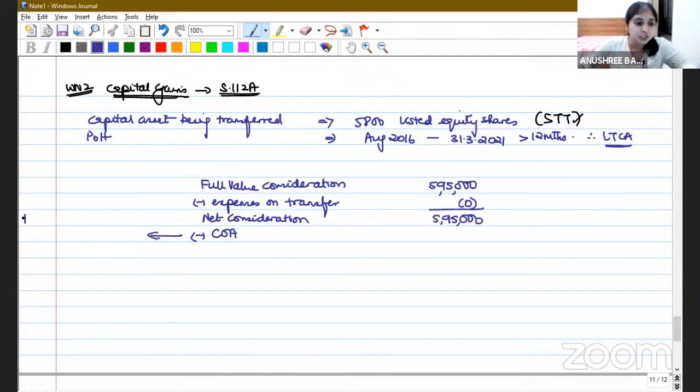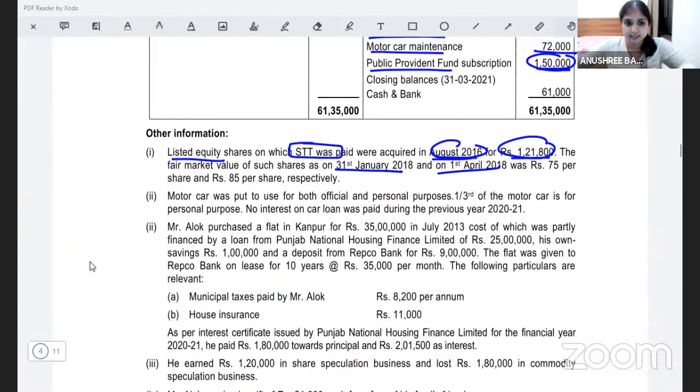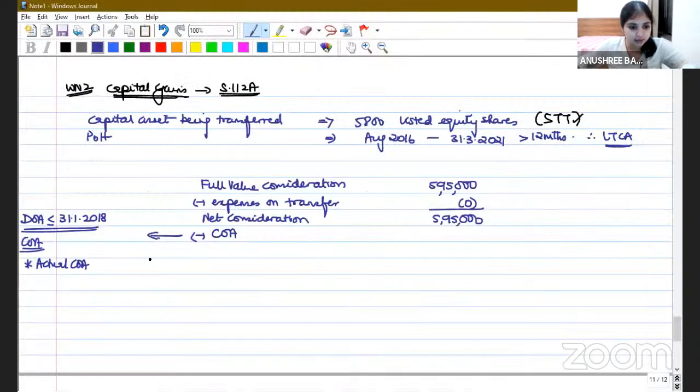So the date of acquisition is on or before 31st Jan 2018. Therefore, how do we compute the cost of acquisition? I will first see the actual cost of acquisition. What is the actual cost of acquisition, guys? Listed equity shares were acquired for 1,21,800. So 1,21,800, my actual cost of acquisition.